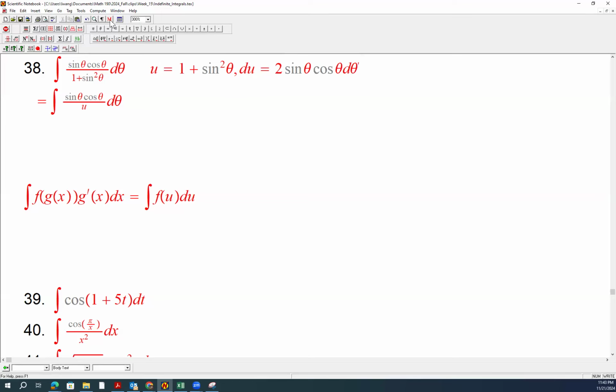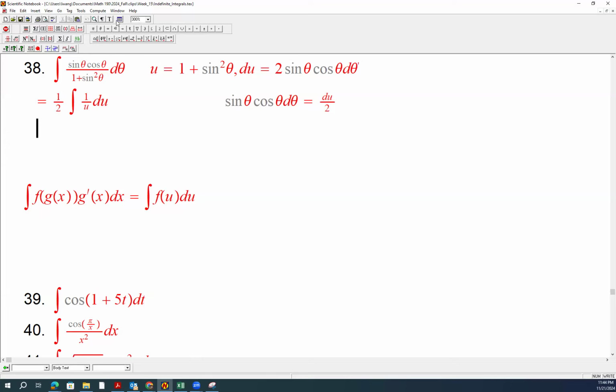Sine theta times cosine theta times d theta is going to be du over 2. So that part can be replaced by du and multiplied by half. That's it.